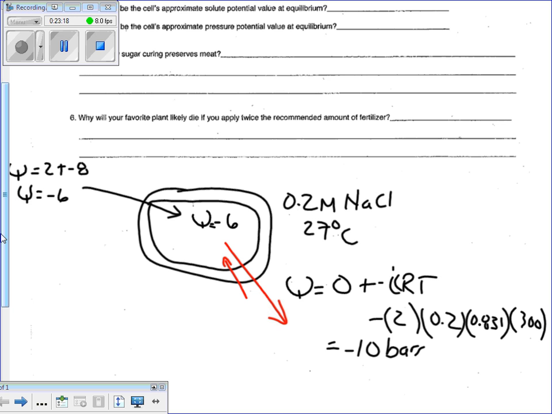It's going to go down to the point that pressure becomes 0, which means solute has to go from negative 6 to negative 10. We've got to drop that negative 6 down to negative 10 to bring it in balance with the environment. So the only way this cell can be in balance with this environment is to lose all its turgor pressure and drop its water potential to negative 10.